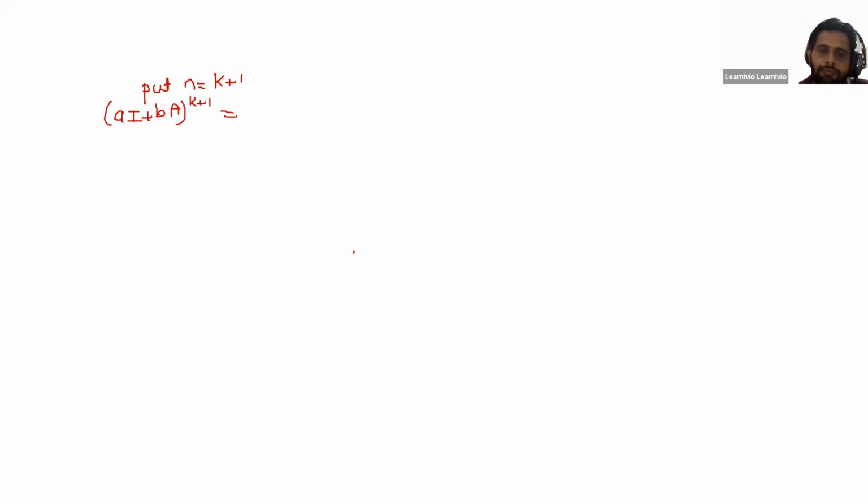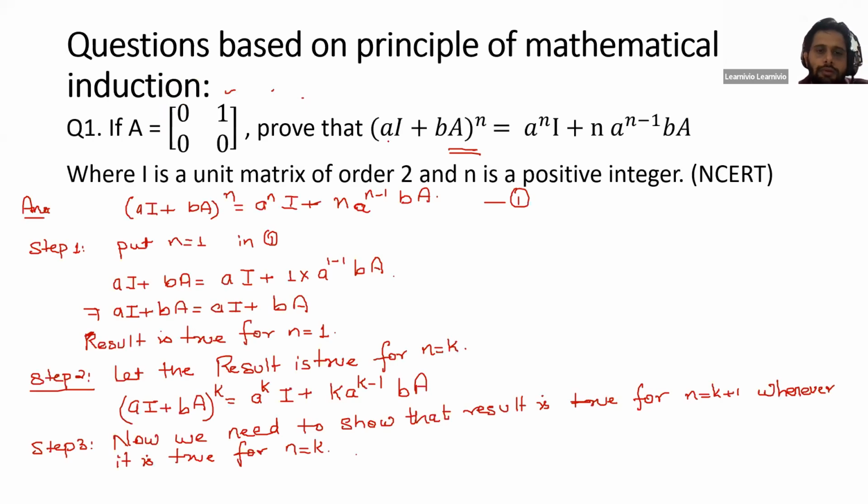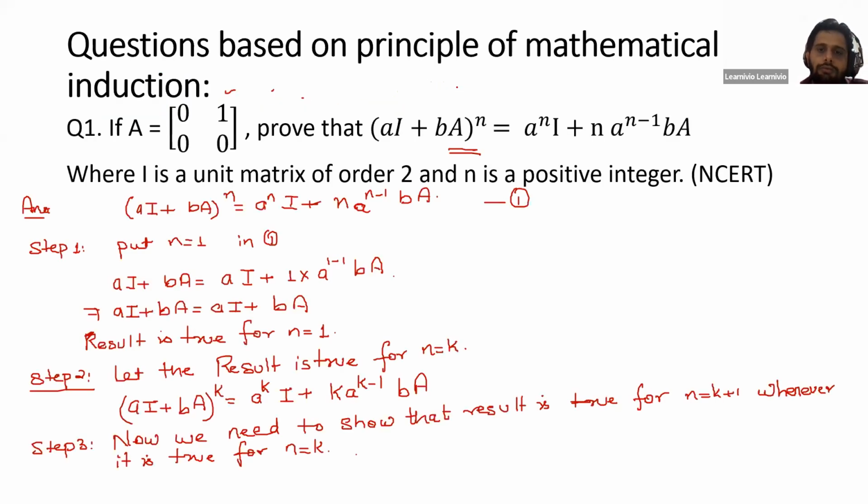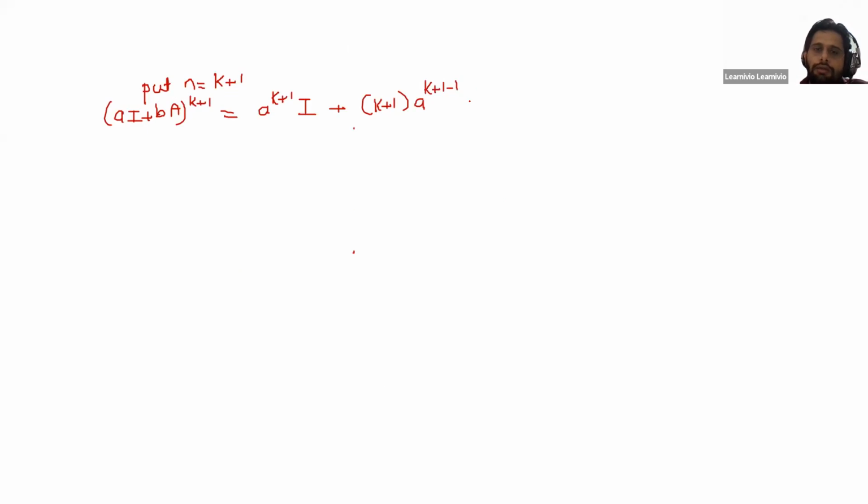This is equal to a to the power k plus 1 into I plus (k plus 1) a to the power k plus 1 minus 1 BA. Okay, we need to prove this.